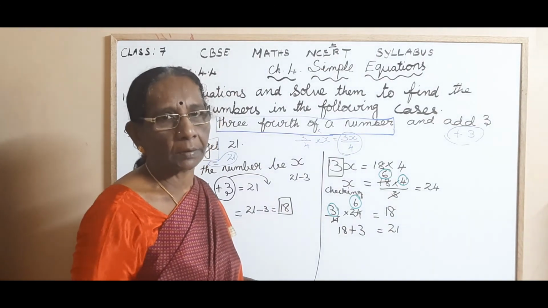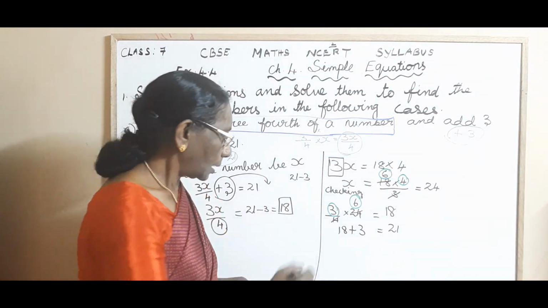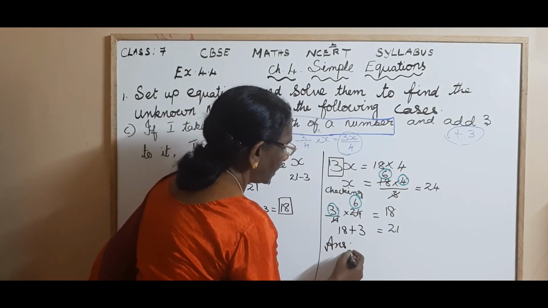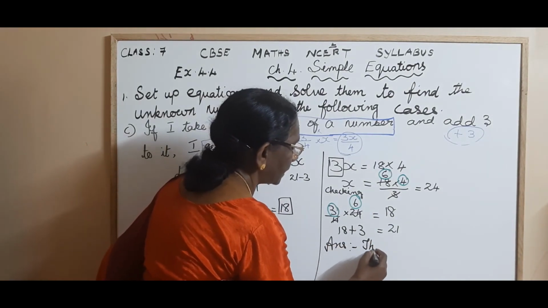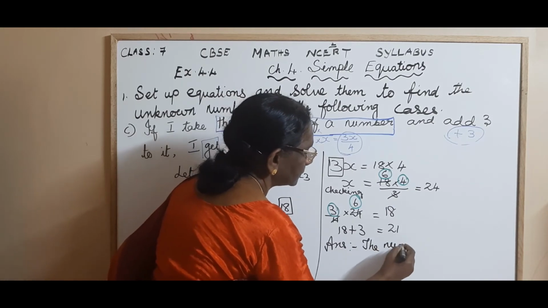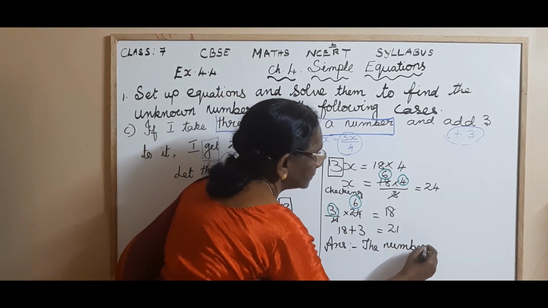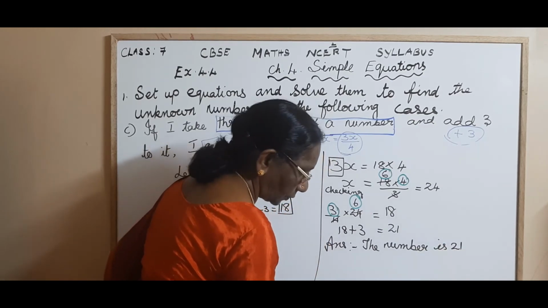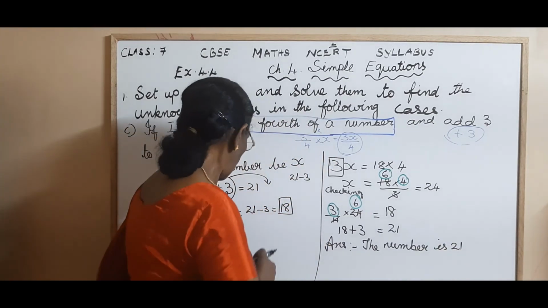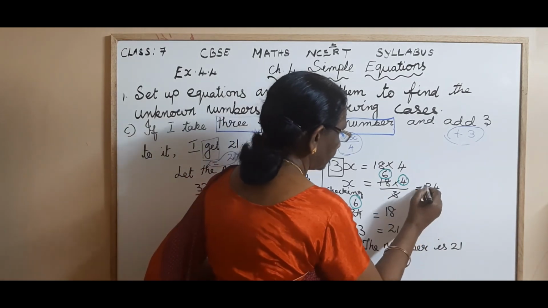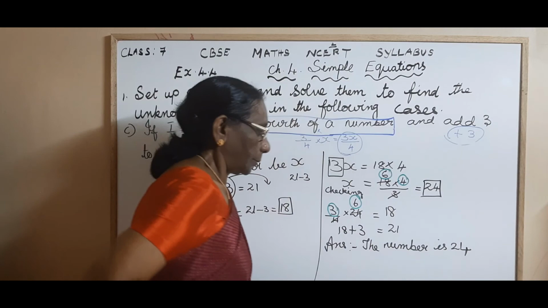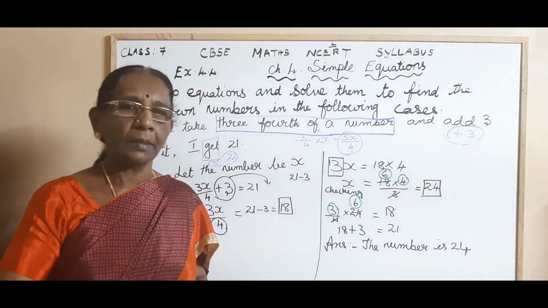I think all of you might have understood this. Then the answer is what? The number is 21. Sorry, not 21. The number is 24. This is the answer. 24. Is it clear, children?